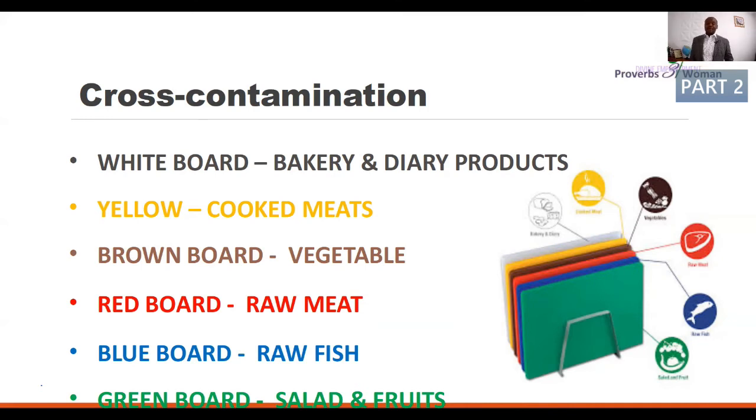You see, when you have those different colors and you stick to them, if it's yellow, you use it for cooked meat, it also prevents contamination. It prevents cross-contamination, okay? So it's always important, if you are serious about your food safety and hygiene standards in your food establishment, you've got to follow all these rules, okay?